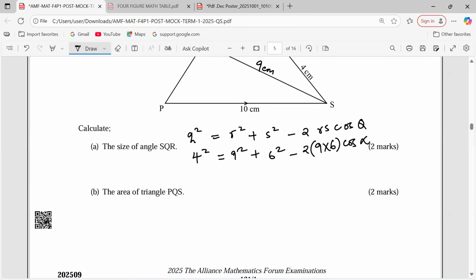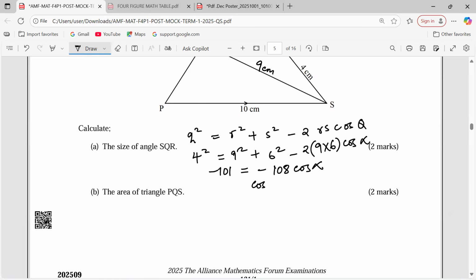So let me compute all these now. 4 squared minus 9 squared minus 6 squared, getting negative 101 equals to negative 2 by 9 by 6, so negative 108.